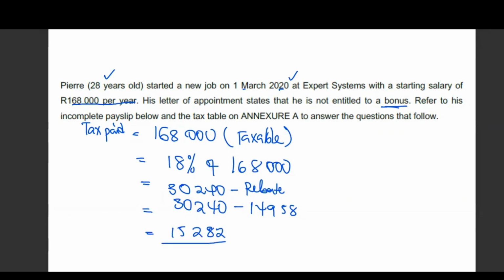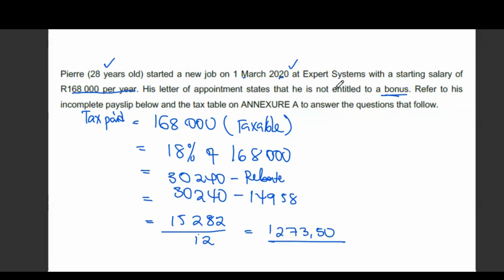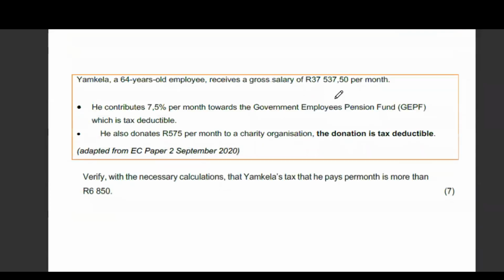Sorry, this is annual. So if you need monthly, you divide that by 12. So per month, the person pays 1,273.50 cents.